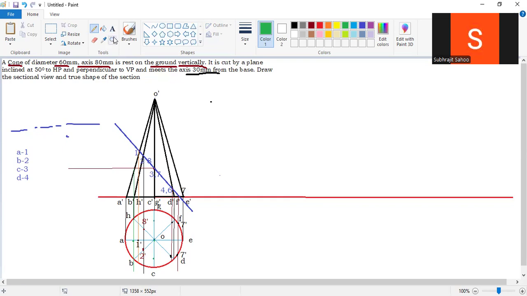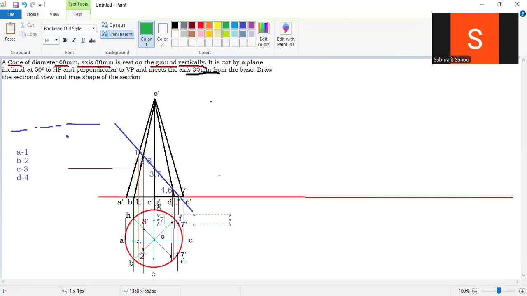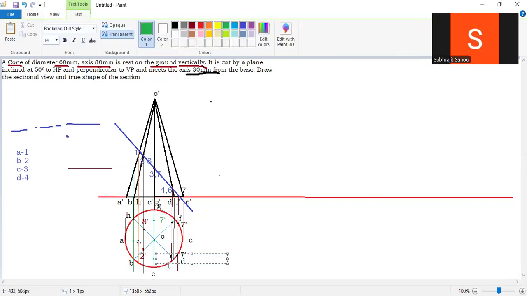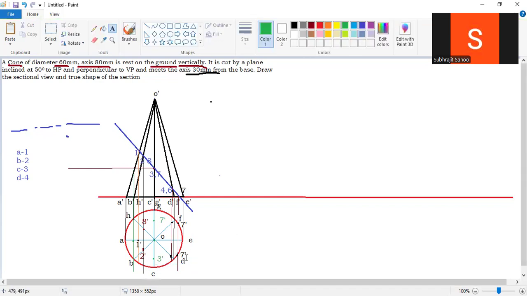Now this point becomes my 7 dash, and this point becomes, actually not mine, diagram points only, right? Okay, 3 dash, 3 dash. See, 1 dash, 2 dash, 3 dash. Then the 4 dash name is not given.